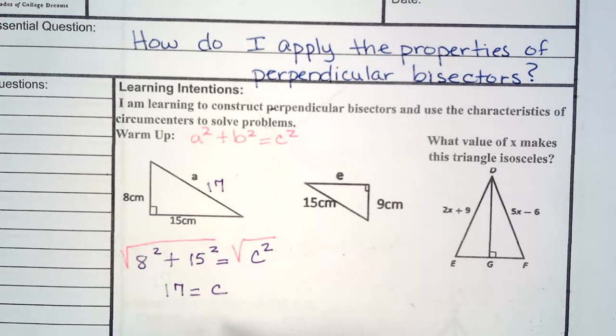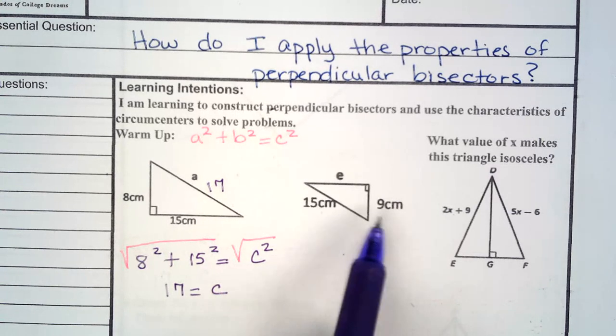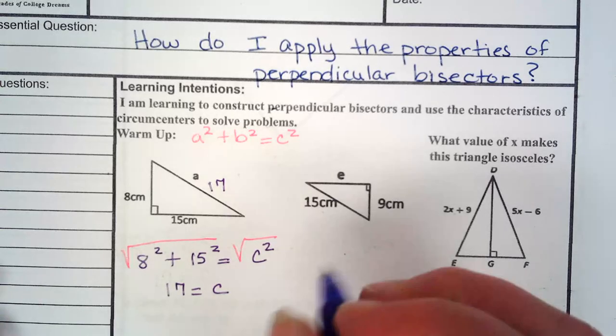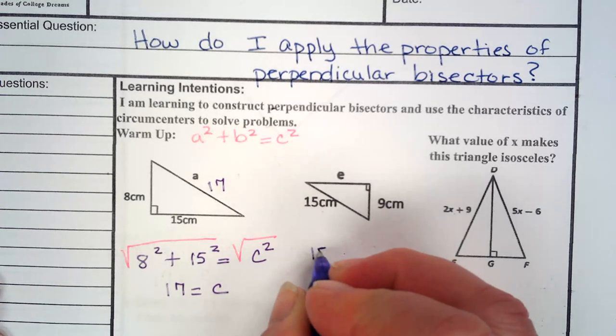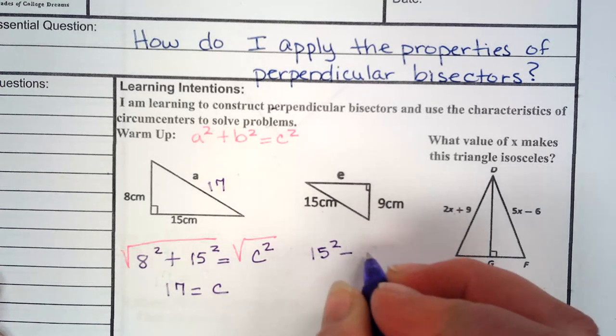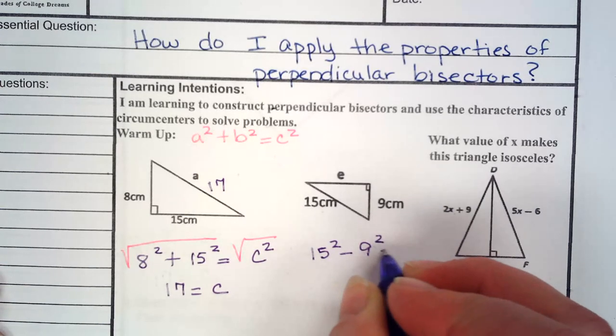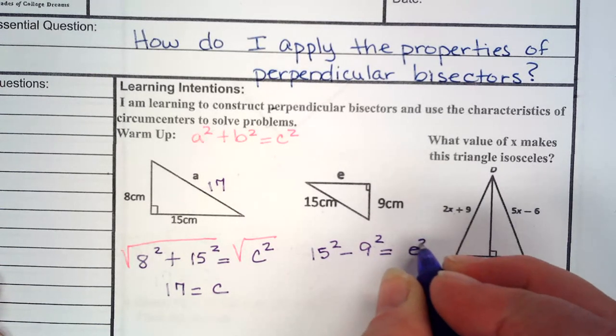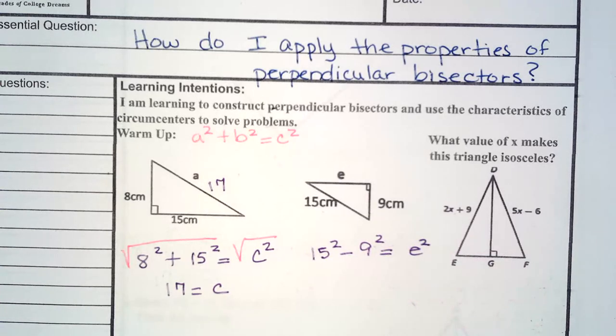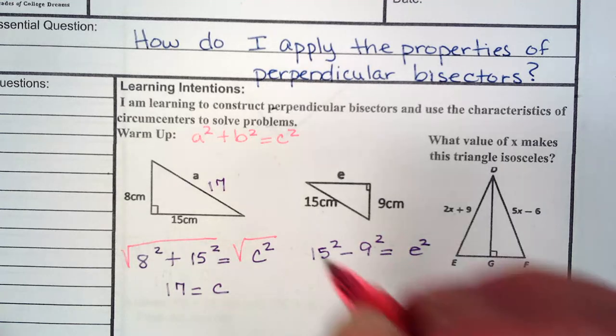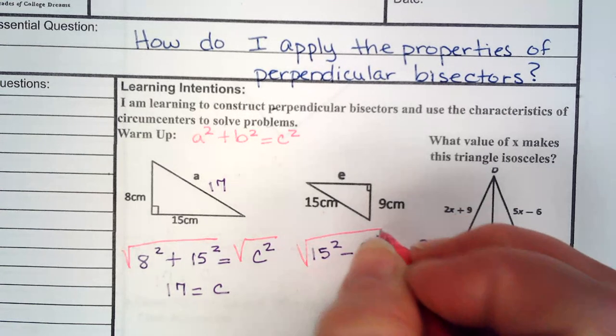Okay, so when you knew the sides, you added. If you know the hypotenuse and one side, what do you do? You subtract. So in this case, it's going to be 15 squared minus 9 squared is equal to e squared. What is the opposite of squaring? Square rooting.